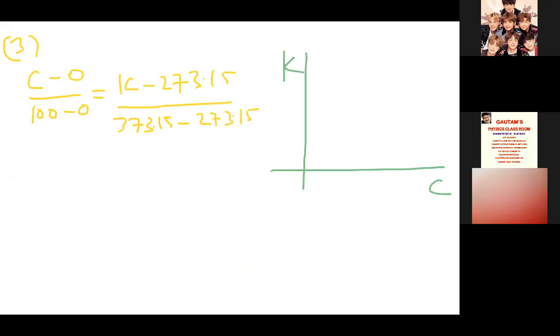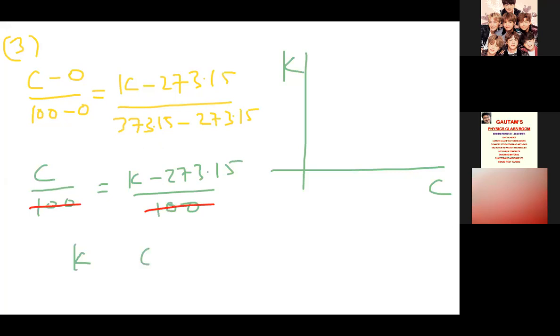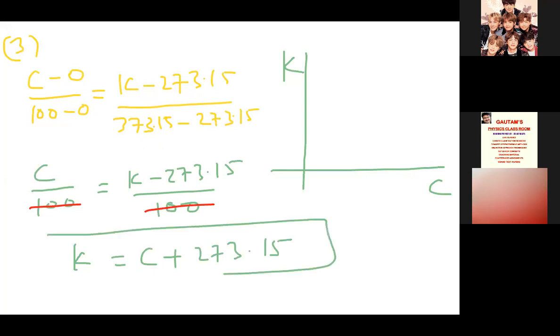Why write all those things? Simply I can write C by 100 is equal to (K minus 273.15) by 100. 100 will be cancelled, because this is also 100, cancel. So now I can write K is equal to C plus 273.15. Straightforward equation, K equal to C plus 273.15.